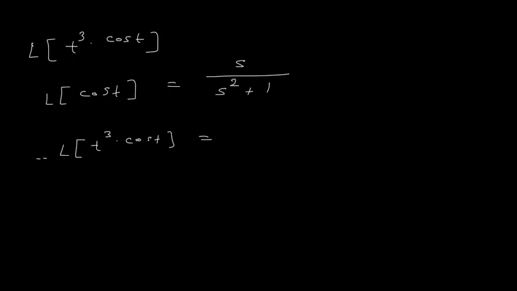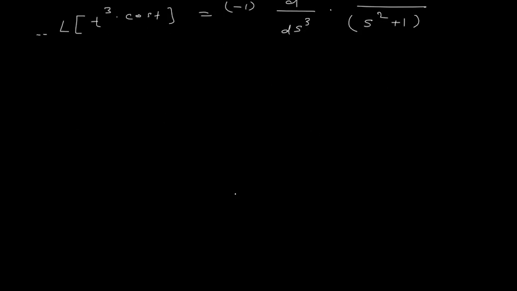this will be minus 1 cube into d cube upon ds cube into phi of s, which is s upon s square plus 1. 3 times I have to differentiate. So this is equal to minus 1. Minus 1 cube is what? Minus 1.